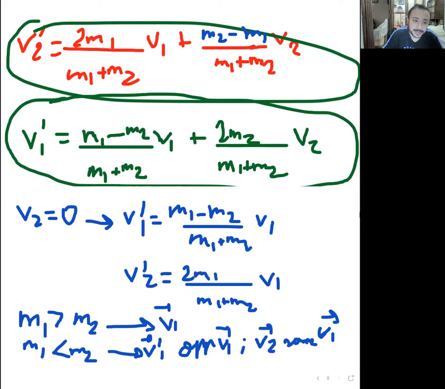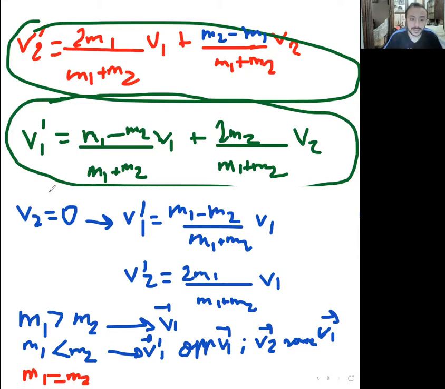And the last case, if m1 equals m2, if they have the same mass, we said that we will have new velocities in the first case, when they both have a movement.